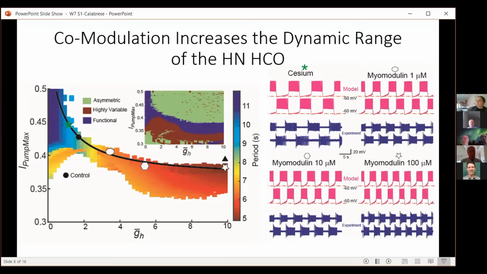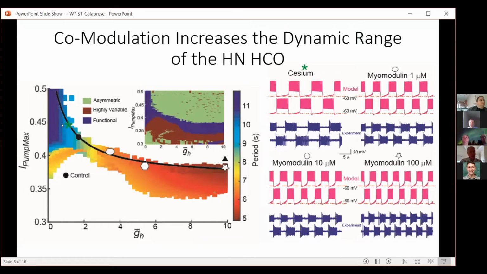That is, they're nice, symmetric, alternating bursts, and they have the right period and they have the right spike frequency to be considered realistic.